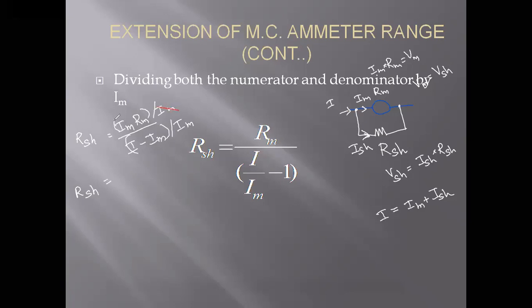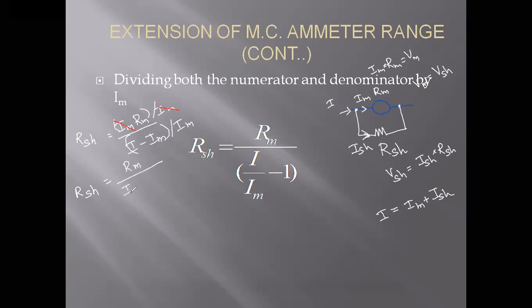If I distribute this IM inside, I'll be left out with IM by IM in the numerator, I'll have RM.